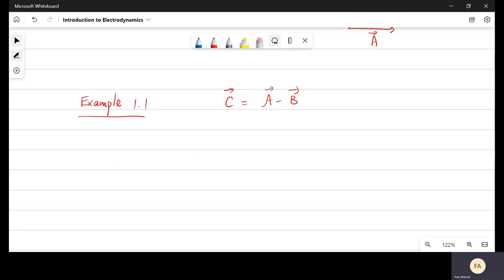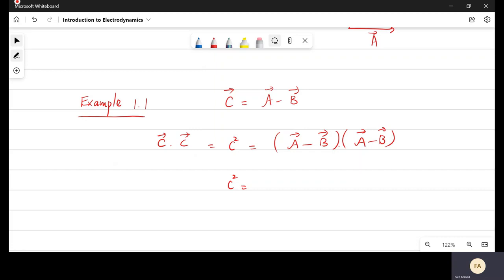We have to find C dot C. So C dot C will become C square, which is equal to A minus B dotted with A minus B.